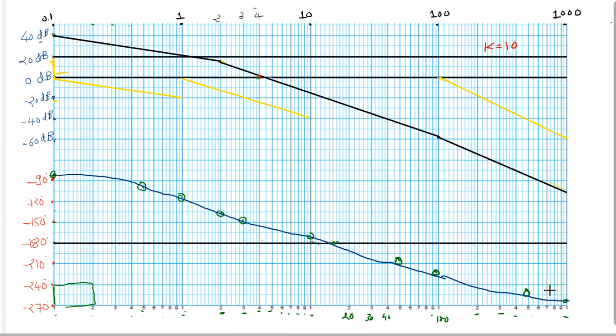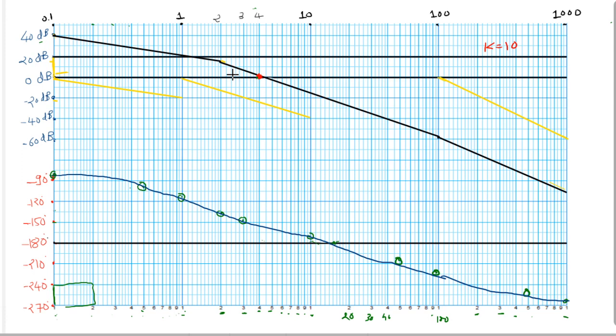Now it is time to calculate gain margin, phase margin, gain crossover frequency and phase crossover frequency. I already discussed in the last video what gain margin and phase margin are. Here you can see the magnitude slope is crossing this reference point, that is the gain crossover frequency.